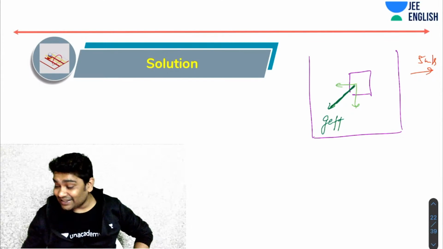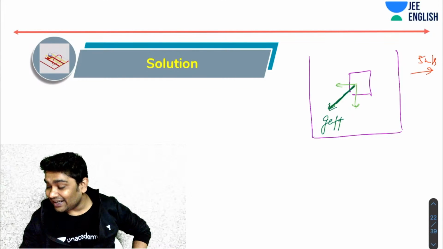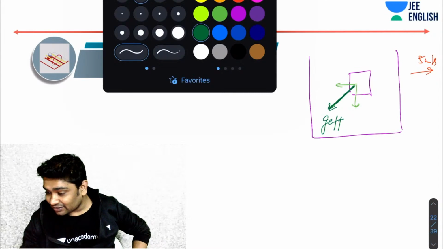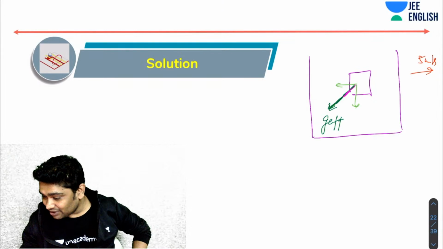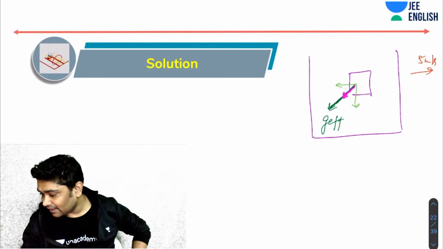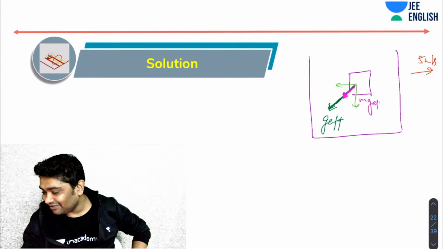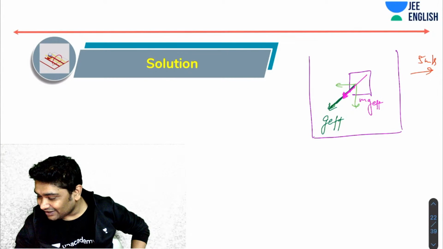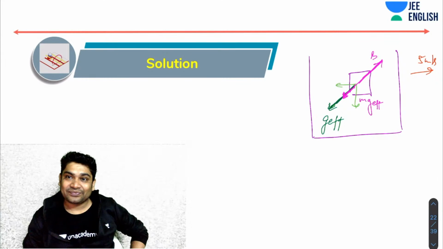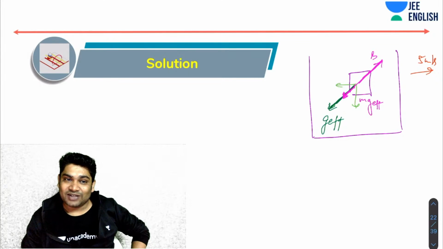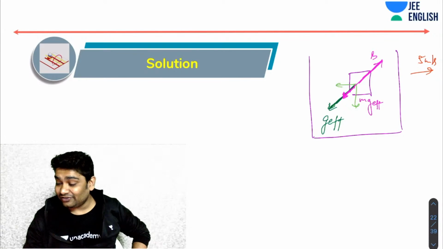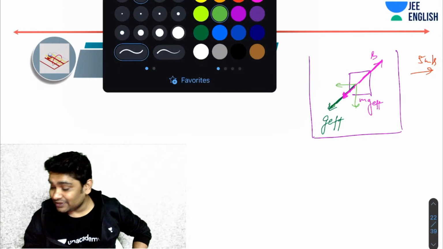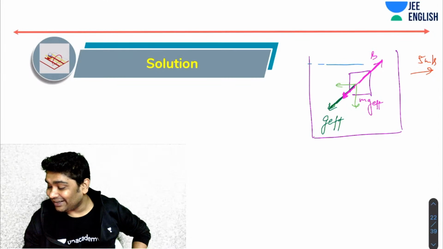Now, if this is the direction of g effective, you will realize mg would act in this direction. How about the buoyant force? Buoyant force obviously starts acting in this direction, because the buoyant force has to be the opposite of the weight of the liquid displaced, right?